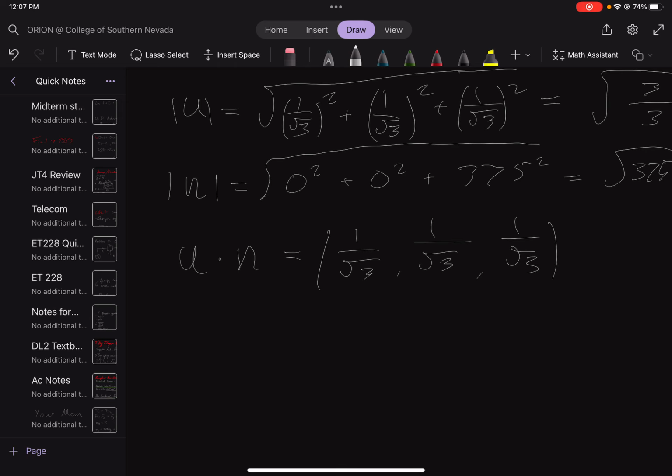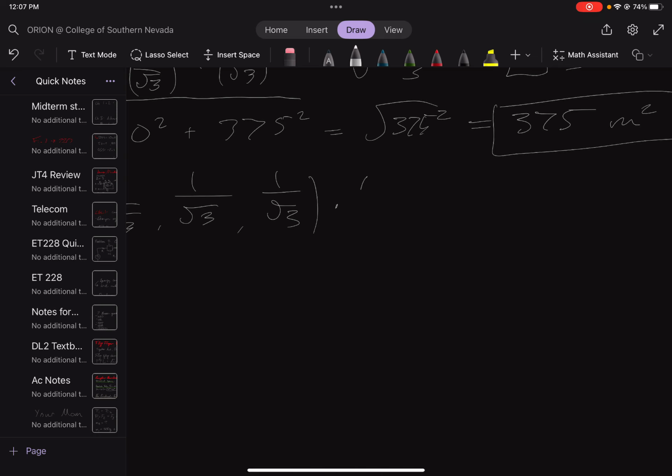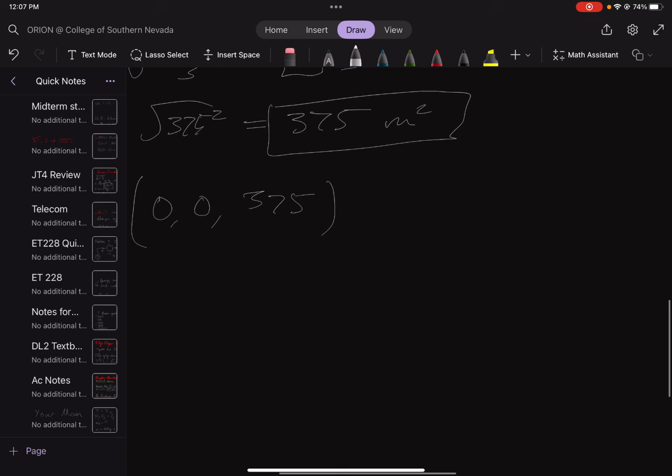Root 3, all those, times that, times our other value of n, which is going to equal 0, 0, 375 over root of 3.